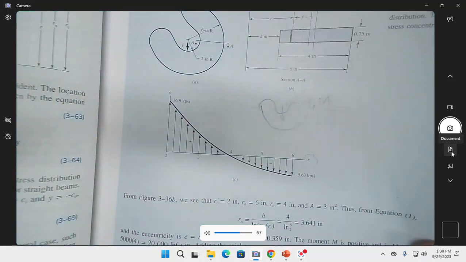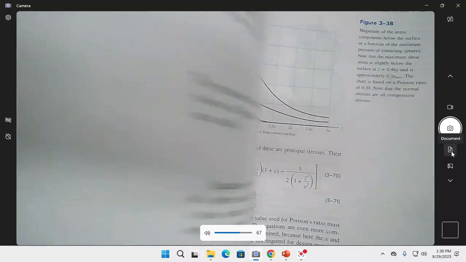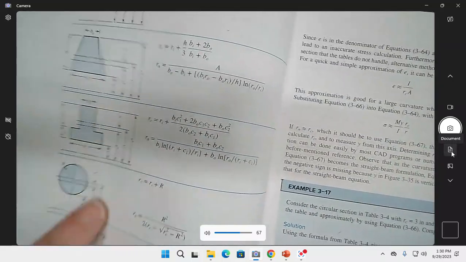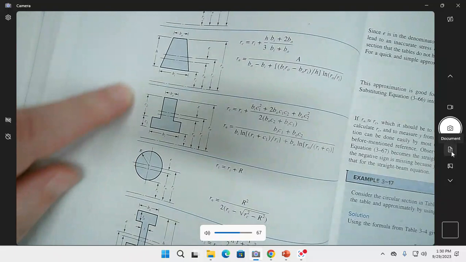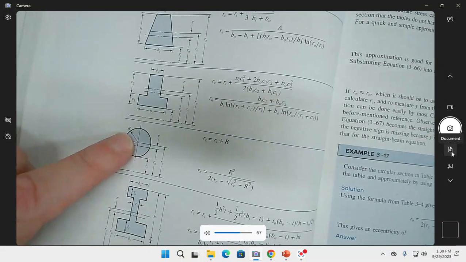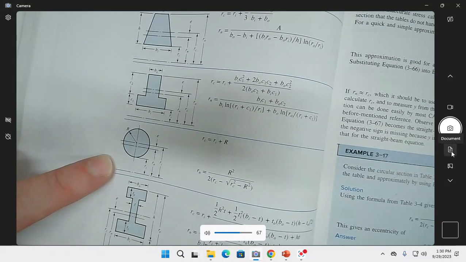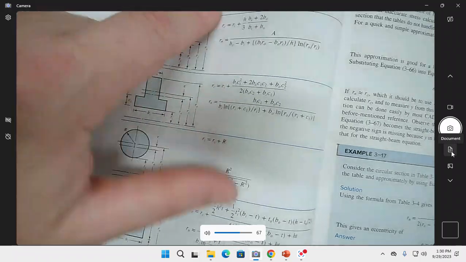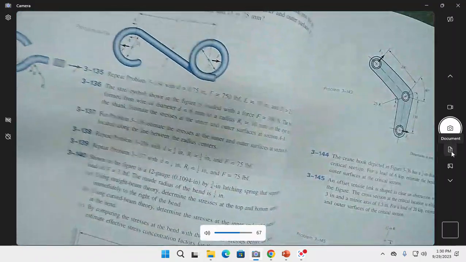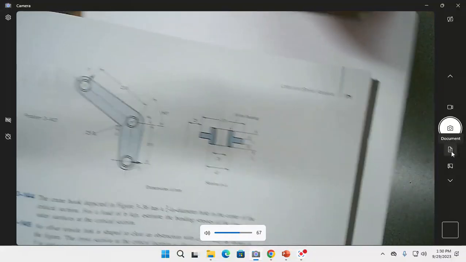I keep forgetting to tab this book, trying to find this. So am I wrong? Do they have an elliptical? See, they don't even have an elliptical here. You could kind of guesstimate what the circle is, but we're going to make the thing a rectangle. So let's go back and read the problem and write down the problem.